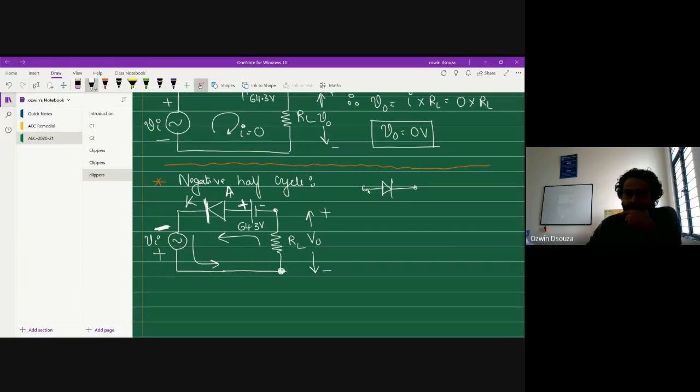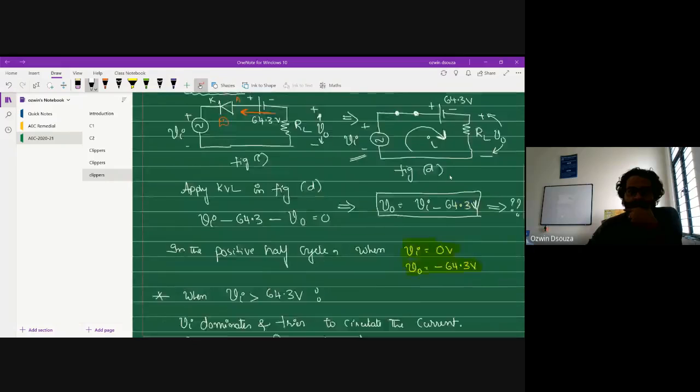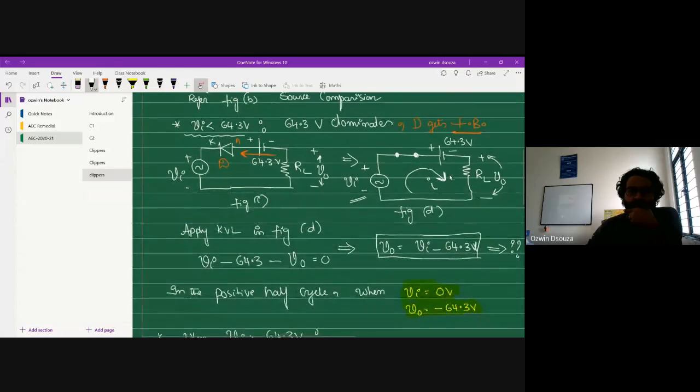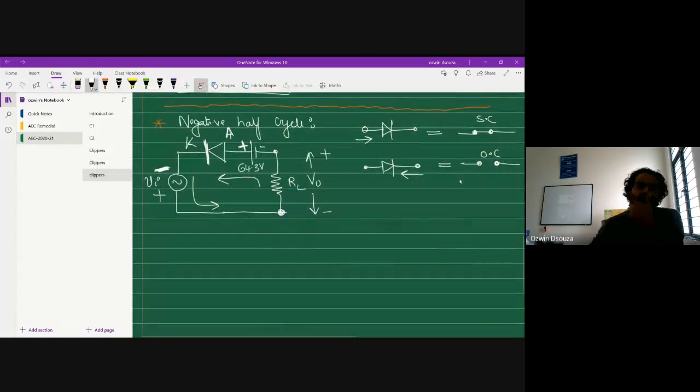Let's say this is your diode. If your current flow is in this direction, you can replace this diode with a short circuit equivalent. This is SC. On the other hand, if the current tries to enter from the cathode side, the diode symbol can be replaced with an open circuit equivalent.